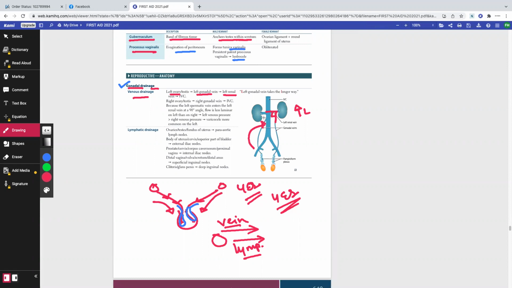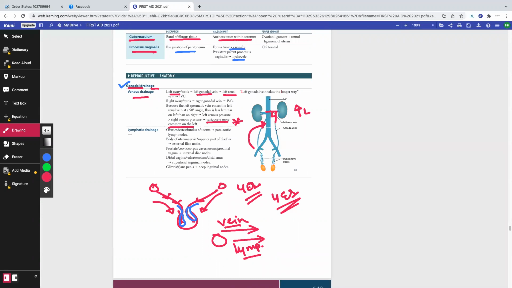They do not have to drain into the right renal vein. Since they do not have to do that, the blood flow back to the inferior vena cava from the right side happens at a much lower resistance, and this allows all the blood to go back to the heart. So always remember that varicoceles are more common on the left. Very, very high yield.